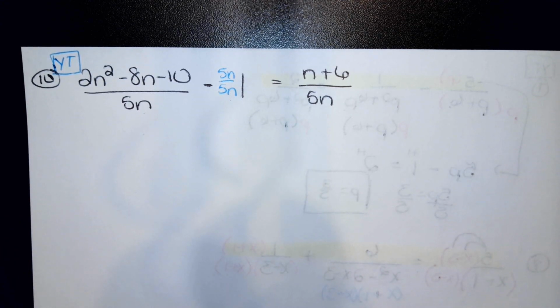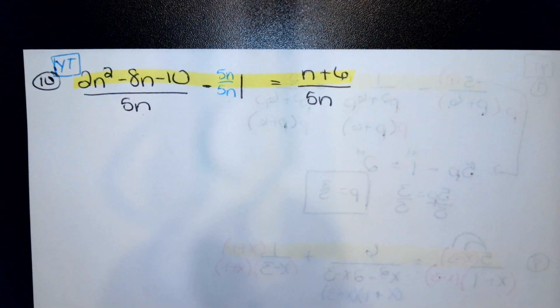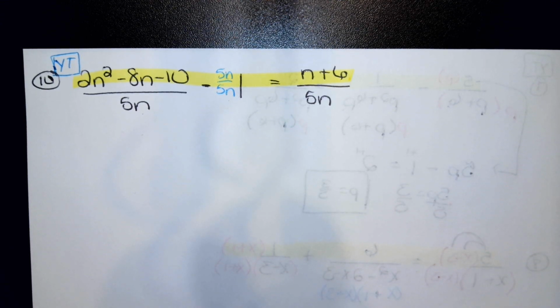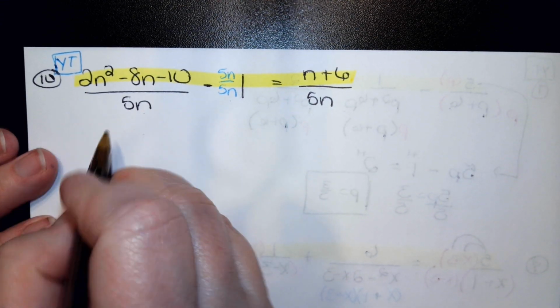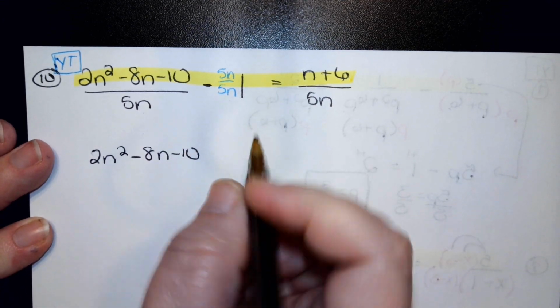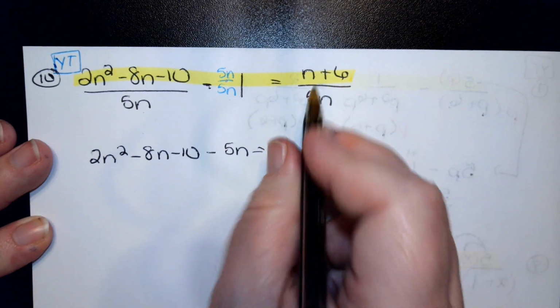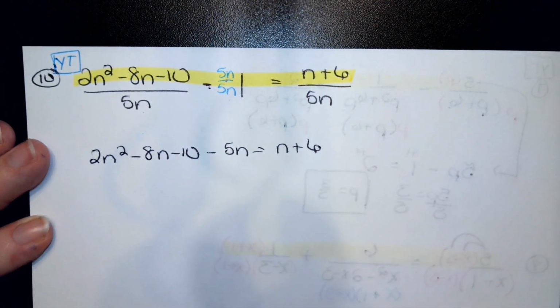Now that we've got common denominators, we're going to look at just the numerator. Alright, so let's see what we got. We've got 2n squared minus 8n minus 10 minus 5n equals n plus 6.